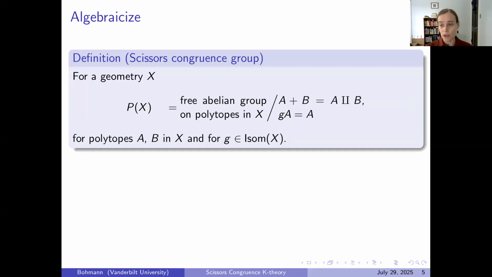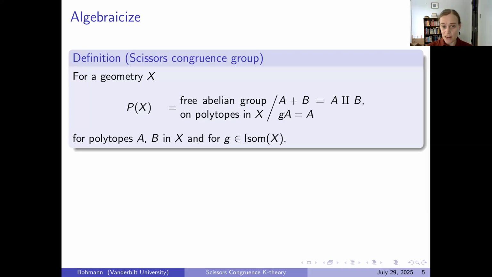So we can define what we call the scissors congruence group. So we take some geometry X. When I say a geometry X today, I mean something like Euclidean space of some dimension, or maybe a spherical geometry, maybe hyperbolic. I'll mostly focus on Euclidean because it's the most canonical, and also it's the one where I can draw the best pictures. So for some geometry X, we can define the scissors congruence group P of X.